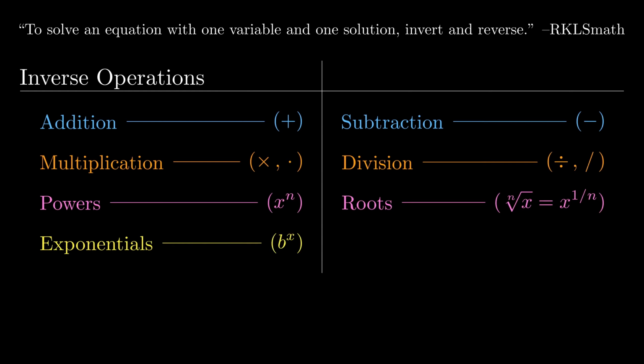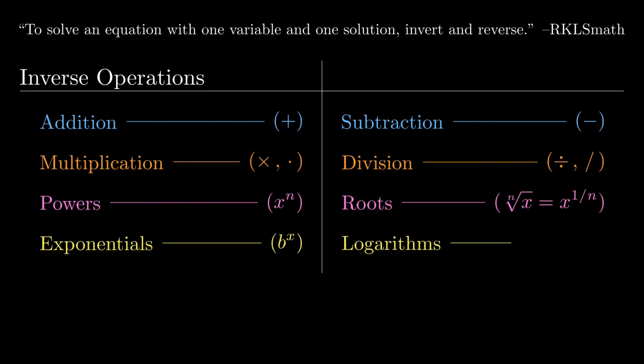After that, we learn about exponentials. So what's the difference between an exponential and a power? It's where the variable is. So if you notice in the power expression here, the variable is in the base, but for the exponential, the variable is in the exponent. So that is the difference. And then, okay, what is the inverse of an exponential, right? This is what a logarithm is.